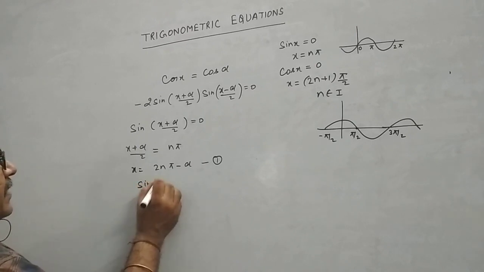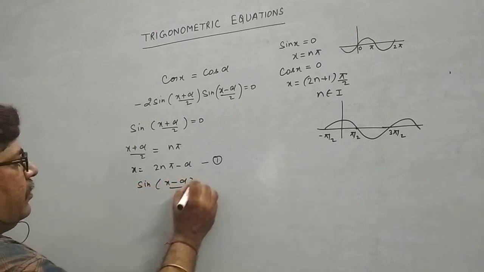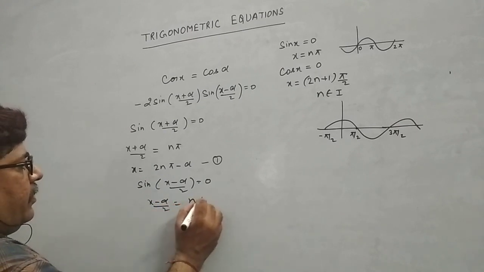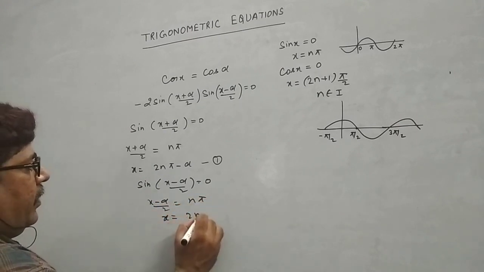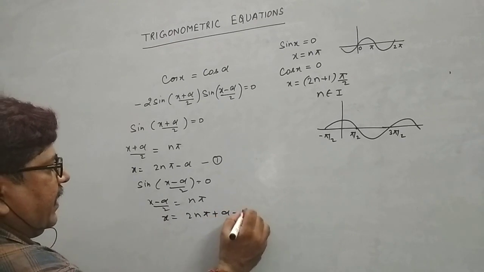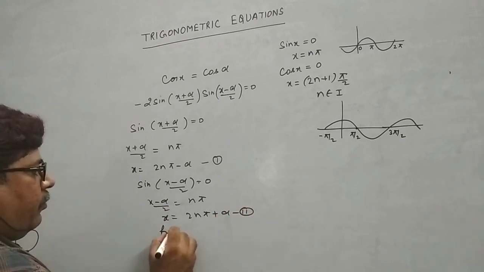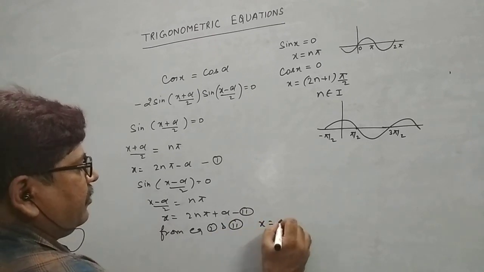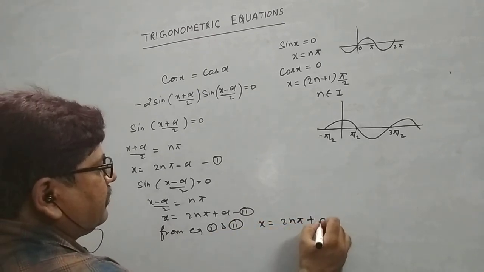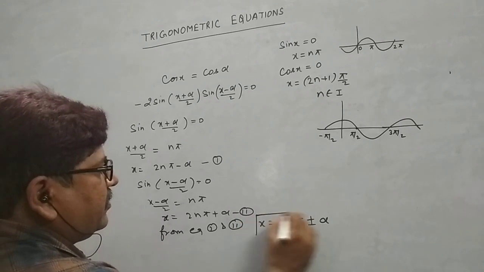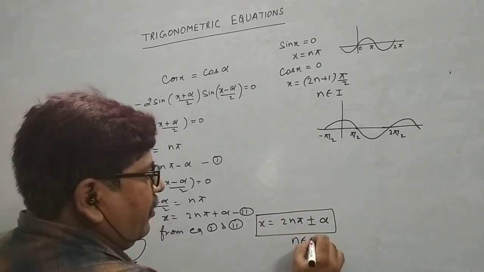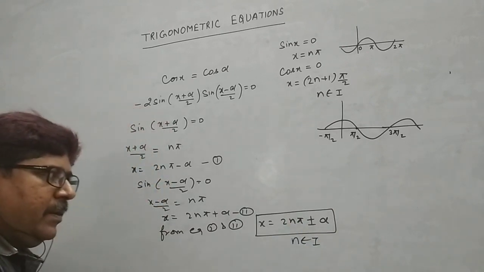Putting sin (x minus alpha) by 2 is equal to 0, we get (x minus alpha) by 2 is equal to n pi, x is equal to 2n pi plus alpha, second equation. So from equations 1 and 2, we can say x is equal to 2n pi plus minus alpha. This is the general solution for cos x is equal to cos alpha, where n belongs to integers.